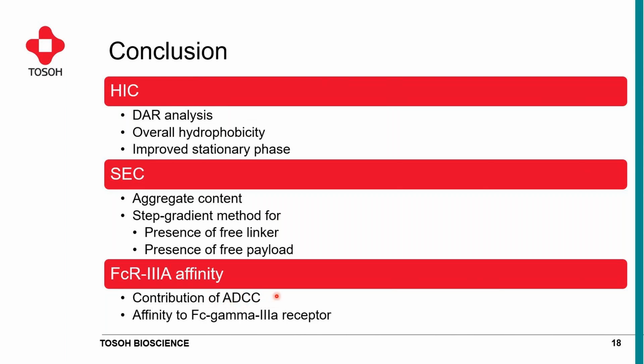It's a little confusing, ADC and ADCC, I need to be fair. But still, this is a mechanism that contributes to the overall efficacy of cell killing, basically in the tumor cells or whatever cell is targeted. And one way to use it is affinity chromatography using the Fc gamma 3a receptor column.